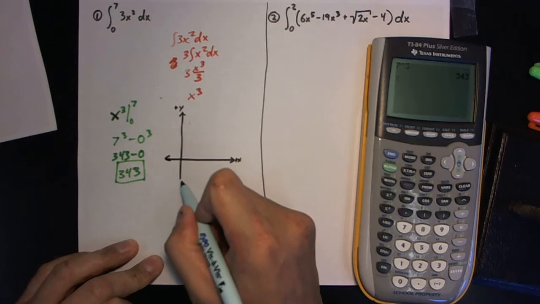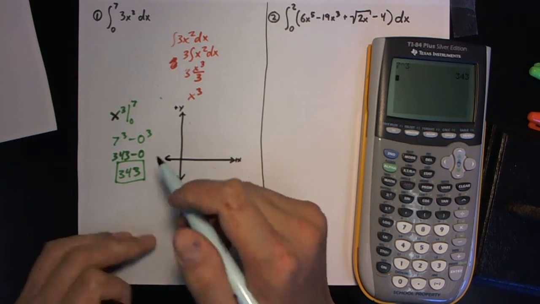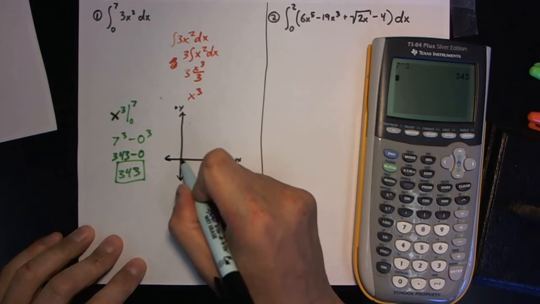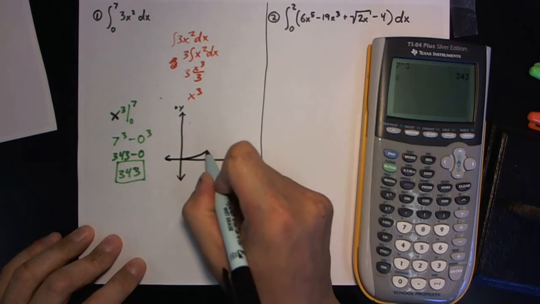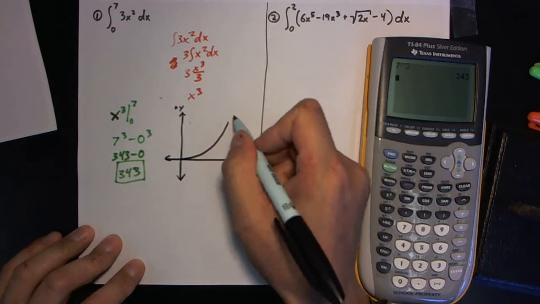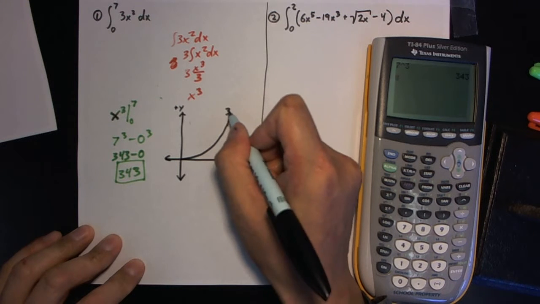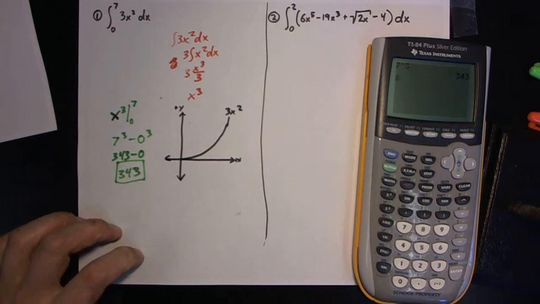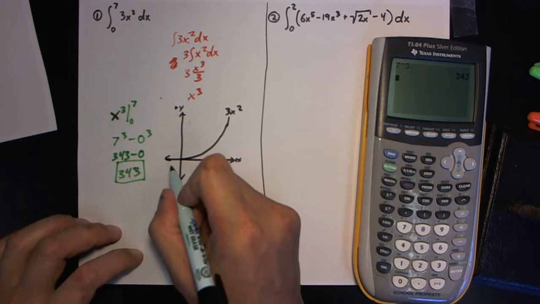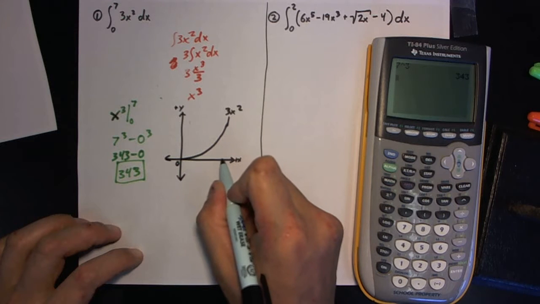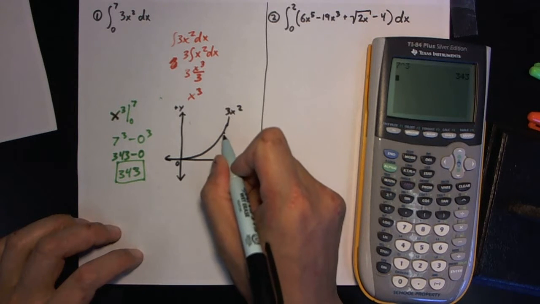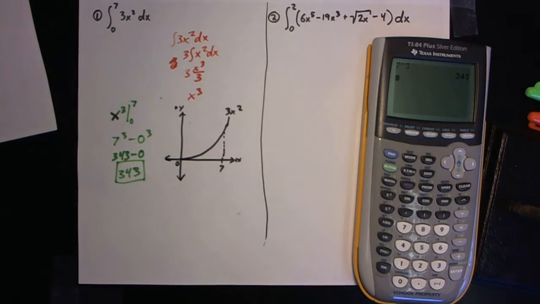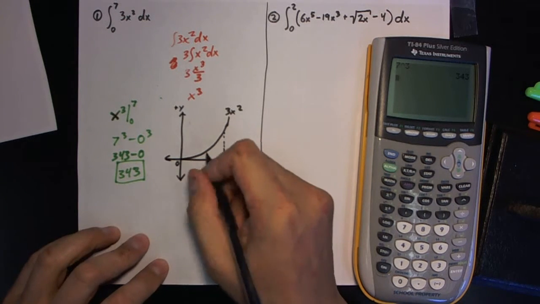If you were to take a typical Euclidean plane here and draw the function 3x squared, which is a parabola, then what I just asked you to calculate is this area here.